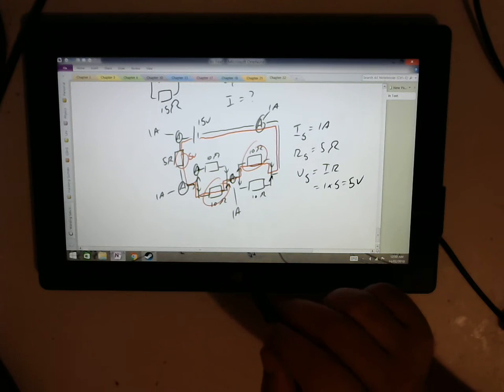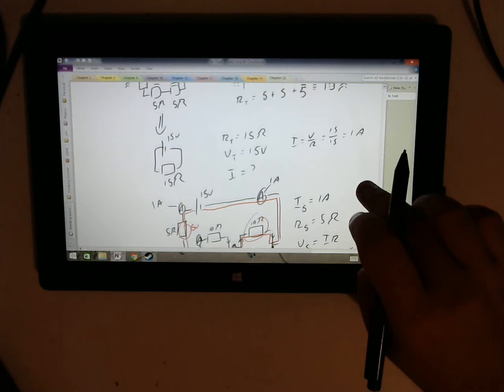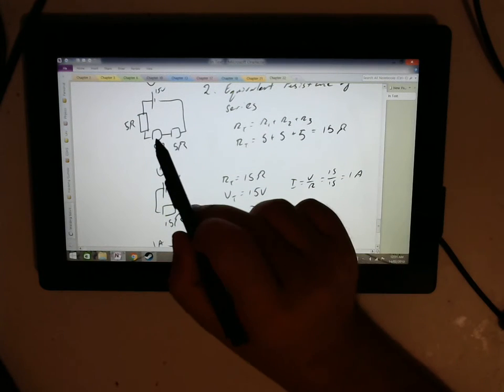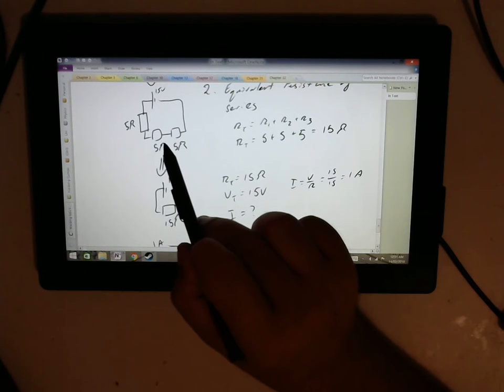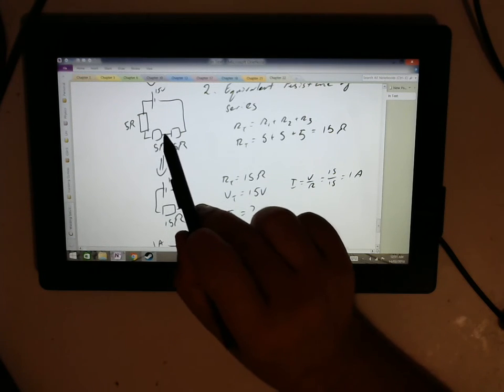We could use a big simultaneous equation to work this out, but I'm going to go back to my 5 ohm resistor, this equivalent circuit we did here, to work out how much is actually going to be lost across it.